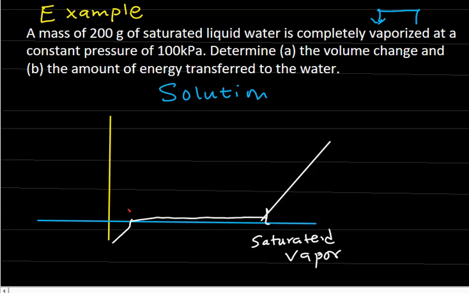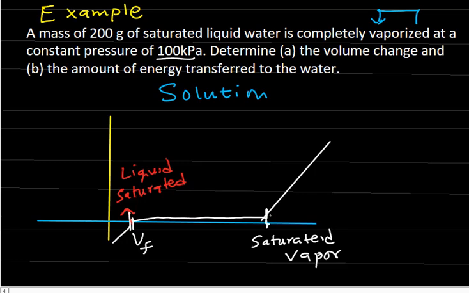Okay, this is saturated liquid. You know that already. And the pressure for that is 100 kPa. That's the English unit. Now don't forget that at this point the specific volume is Vf.